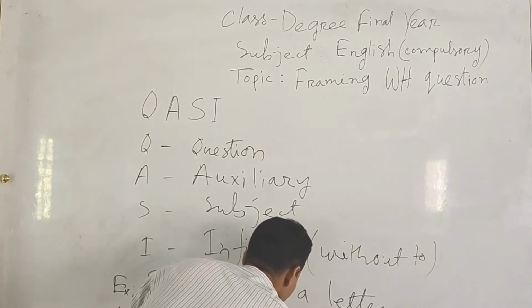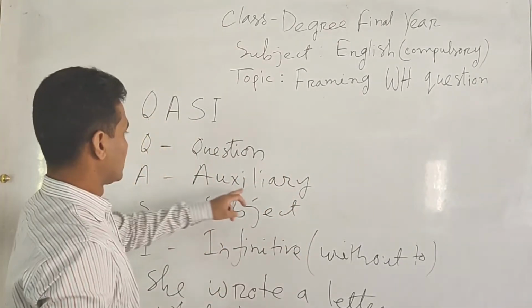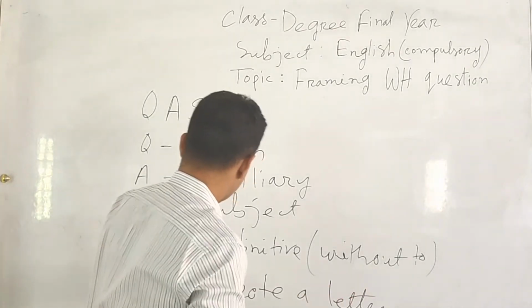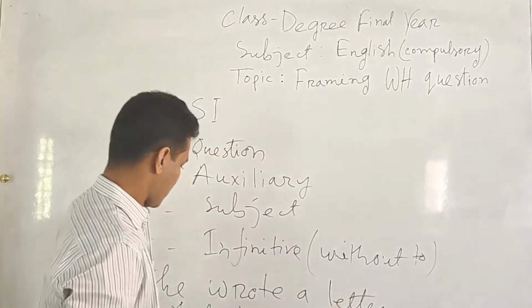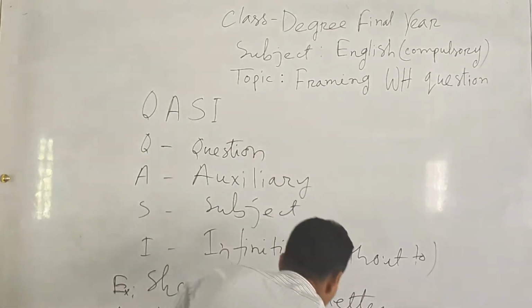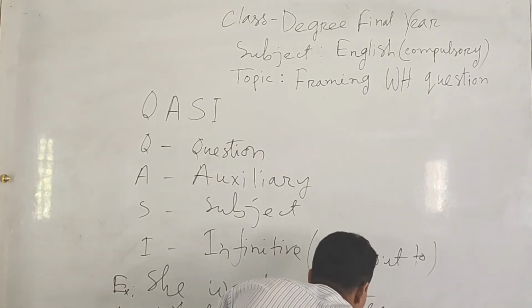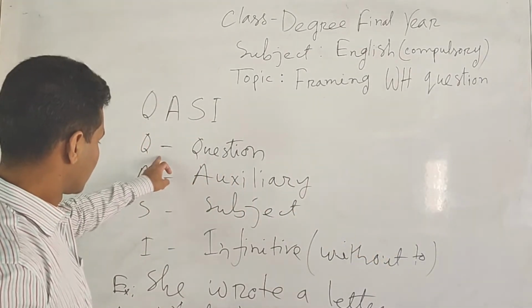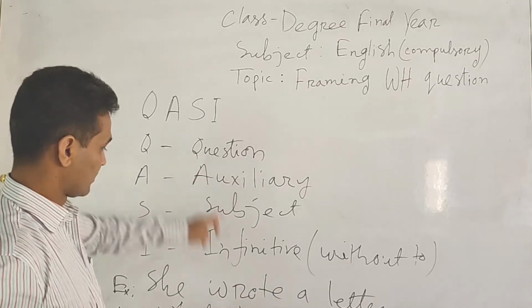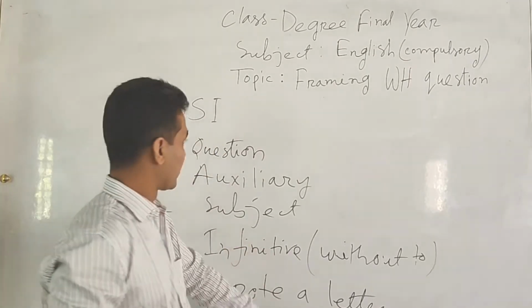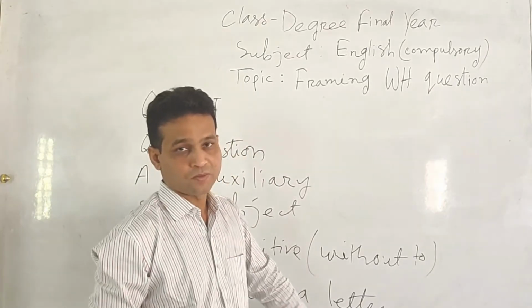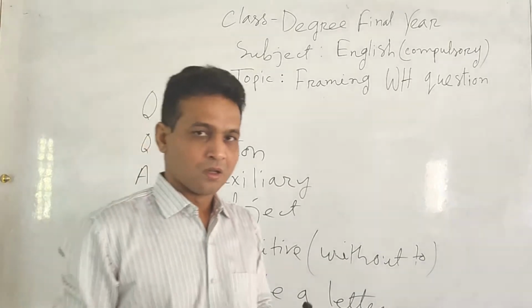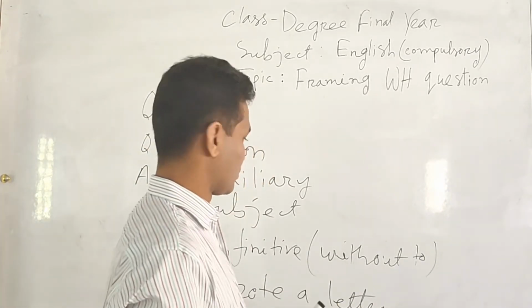What did she? Next one, infinitive or verb without to. What did she write? This is the answer. So question, WH question, auxiliary verb did, subject she, and infinitive without to, write. So using this method you can frame WH question so easily.